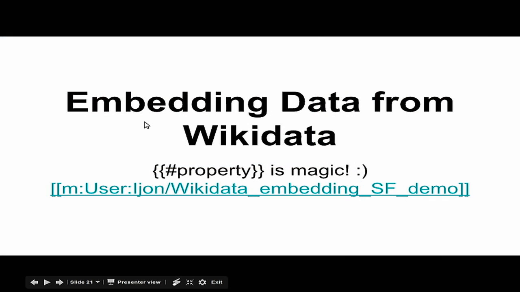So the short version of how to embed data from Wikidata is that there is this little magic incantation: curly brace, hash mark, property, curly brace. It looks like a template, but it isn't because of that hash. And that is magic. Take a look at this little demo that I prepared.